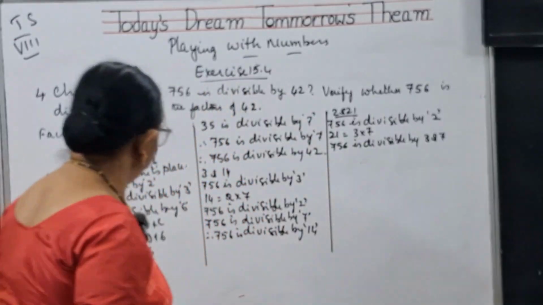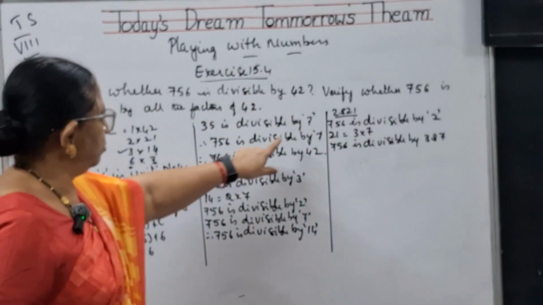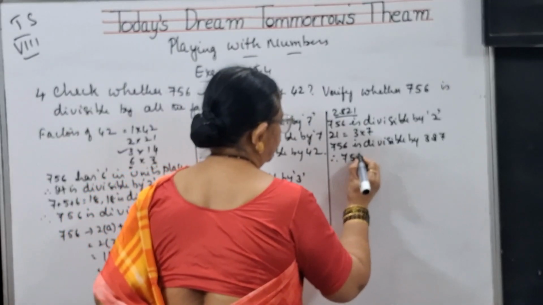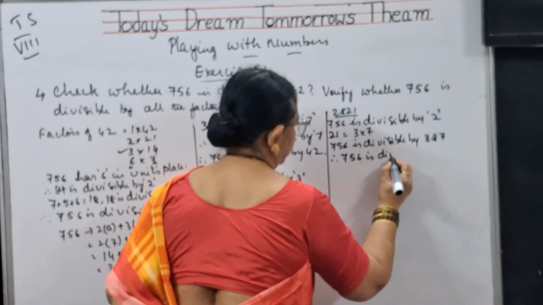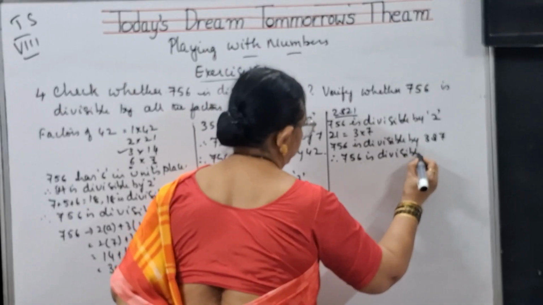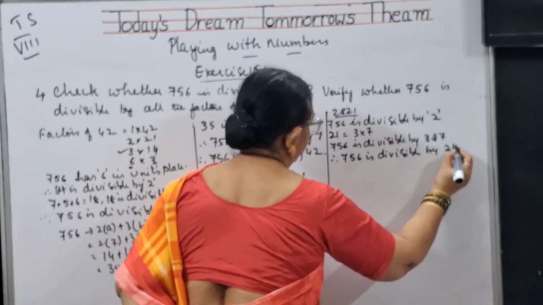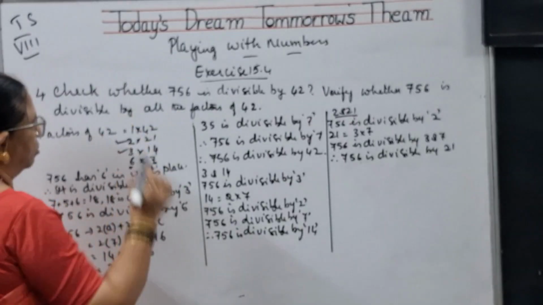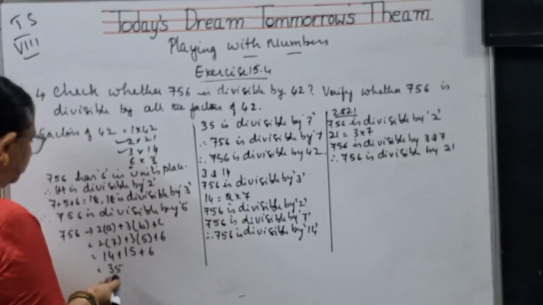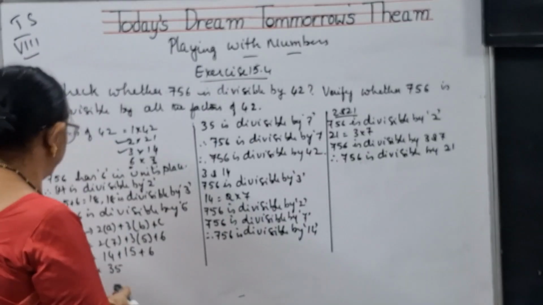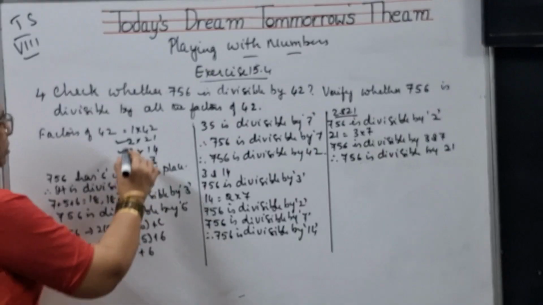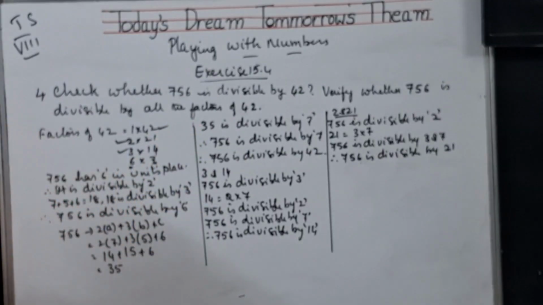Divisible by 3 we have proved it here. Divisible by 7 we have proved it here. Therefore, 756 is divisible by 21. So it is divisible by 21 and 2 we have proved. And of course 42 we have already proved. So this also we have proved. So with this, see children, this is the answer.